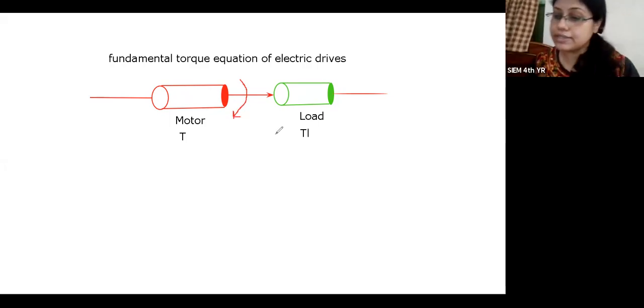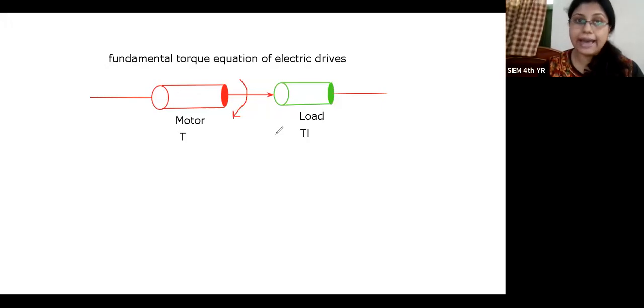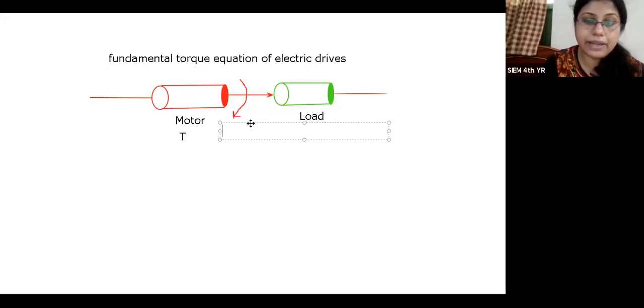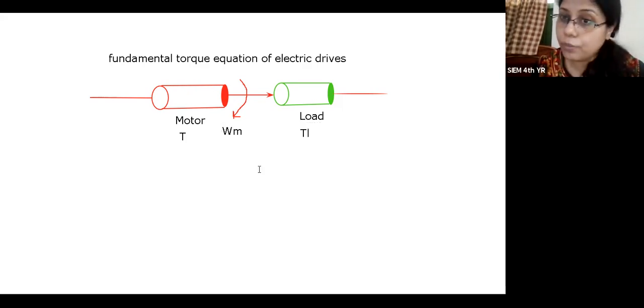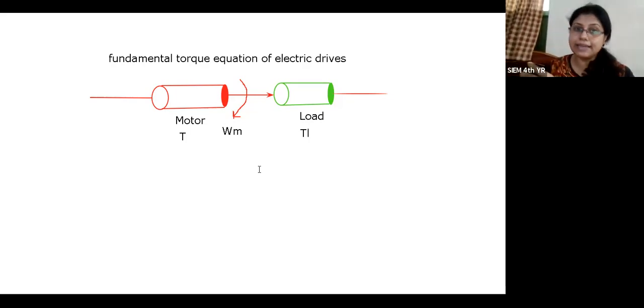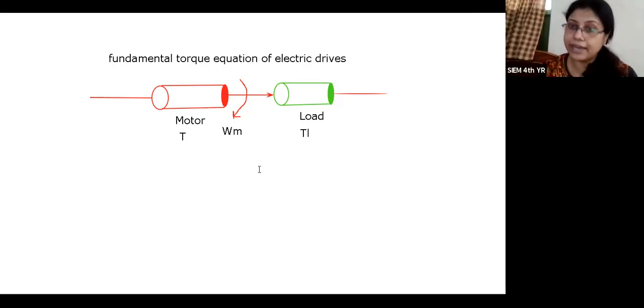That is, in anti-clockwise direction the machine is rotating, and the rotation speed is defined by omega m.